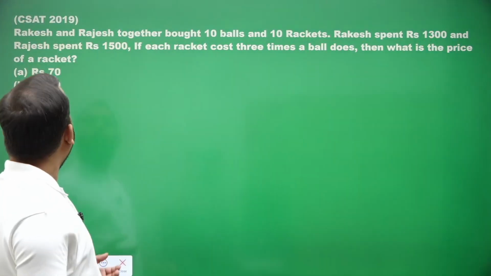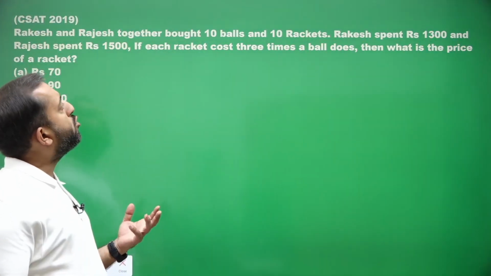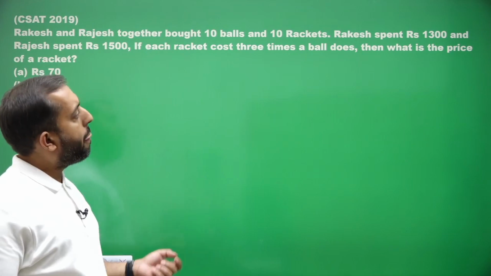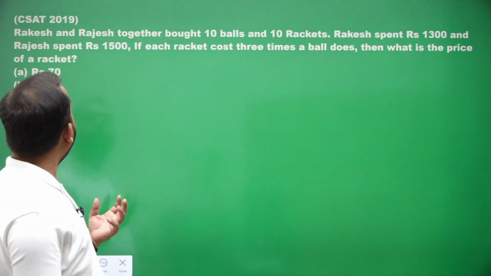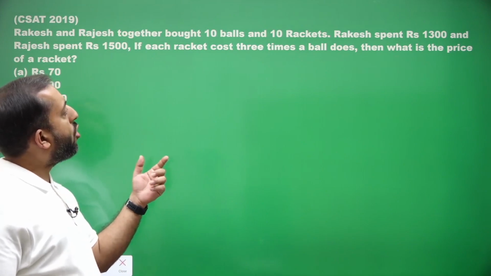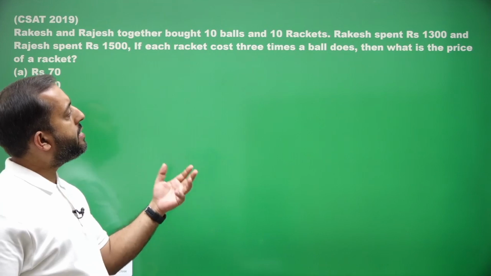It says Rakesh and Rajesh together bought 10 balls and 10 rackets. Rakesh spent 1300 rupees. Rajesh spent 1500. Each racket costs 3 times as much as a ball.